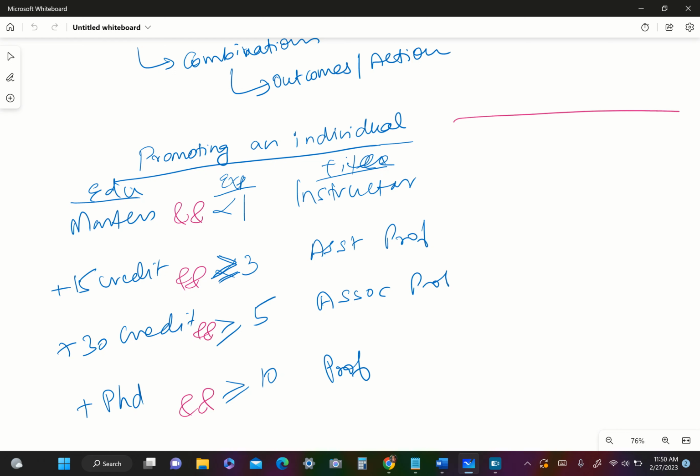So what happens is we apply the rules, right? In a decision table, we say the condition and the rule. So the conditions go here.